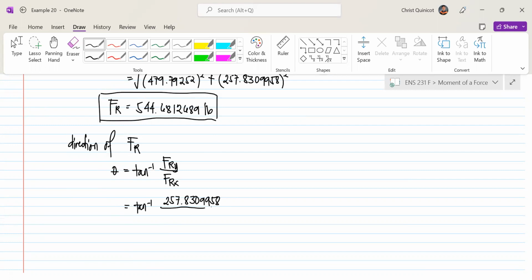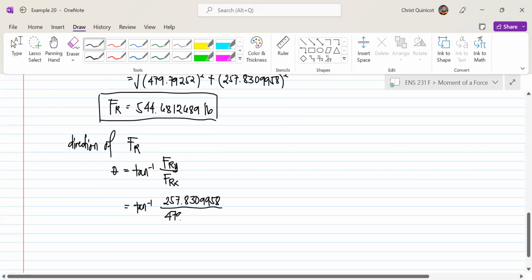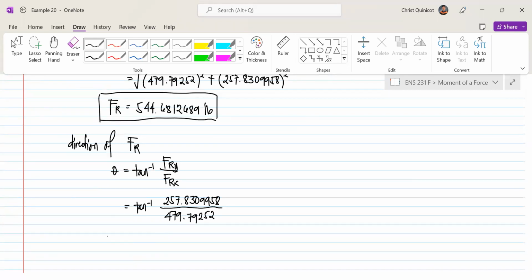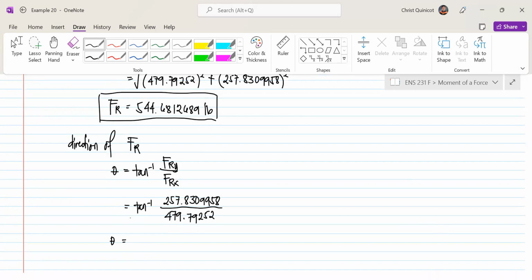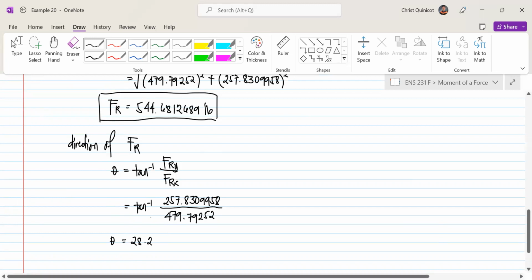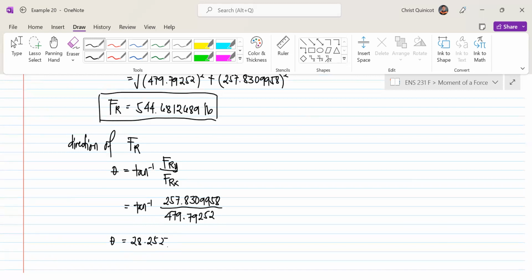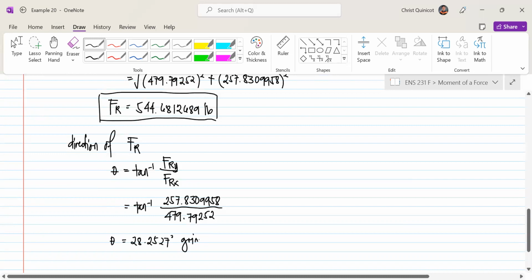So inverse tangent, and that is 28.2527 degrees going up to the right.